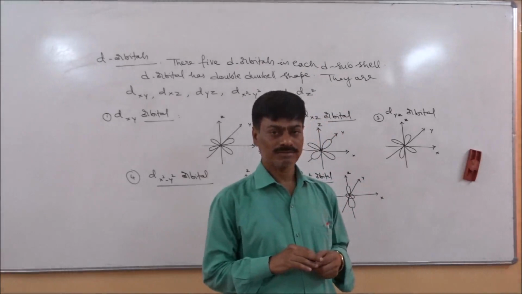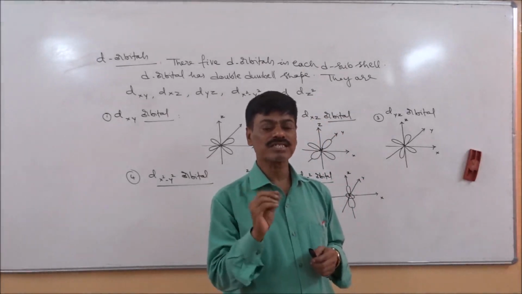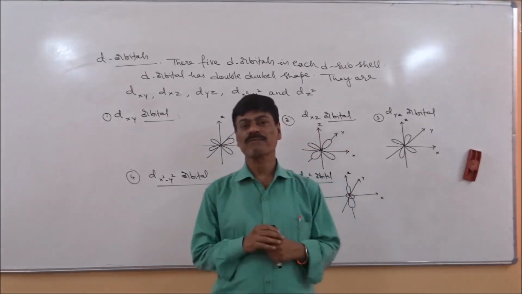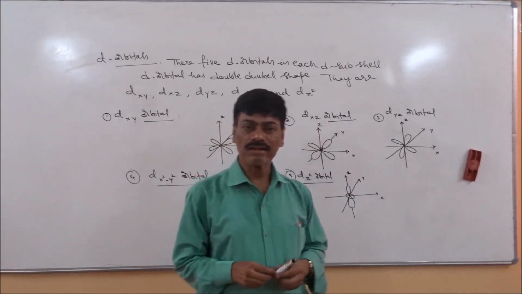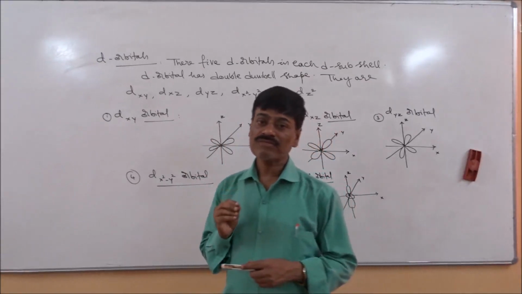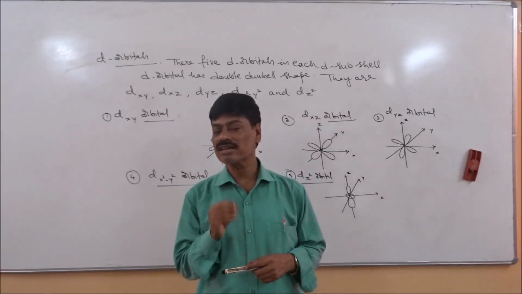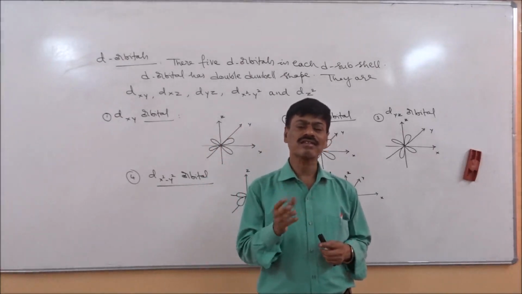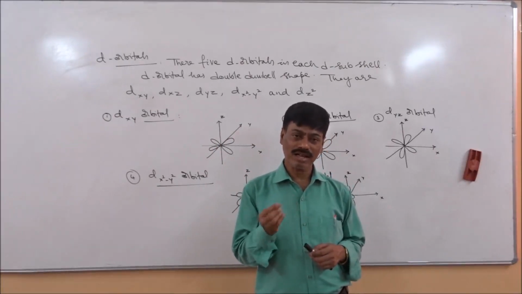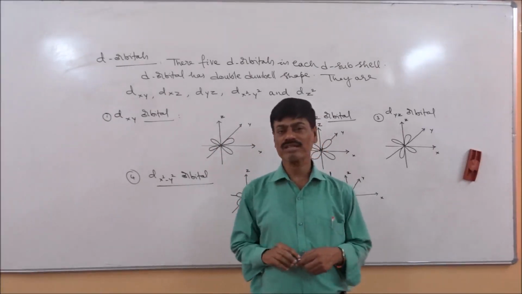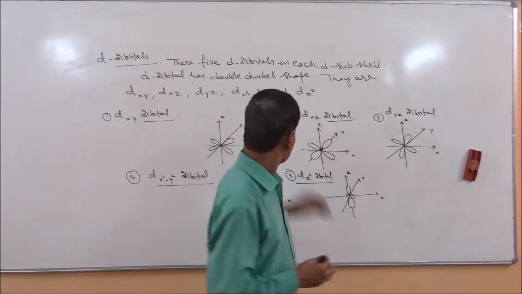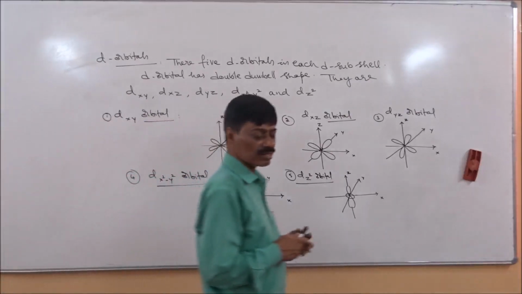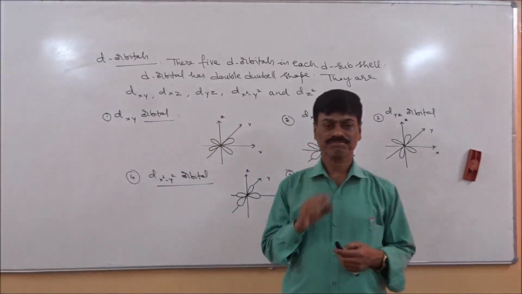If the dumbbell lies over the x-axis, it is the px orbital. If it lies over the y-axis, then it is said to be the py orbital. If the dumbbell lies over the z-axis, then it is said to be the pz orbital. So based on the axis on which the dumbbell lies, the name is given like px, py, pz. Now, if we move to d orbitals, d orbital has double dumbbell shape.